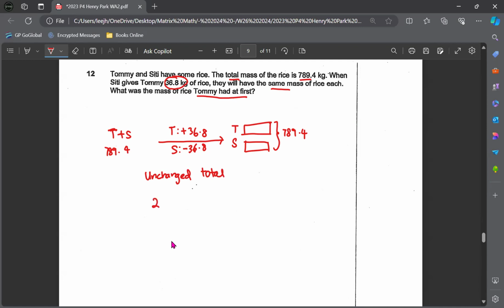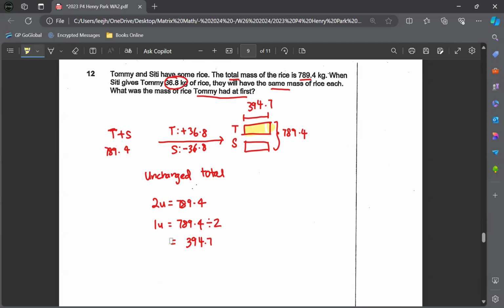So you can see 2 units is actually 789.4. Look for 1 unit, 789.4 divided by 2 will give me 394.7. So they are asking you how much rice did Tommy have at first, which means you need to work backwards.